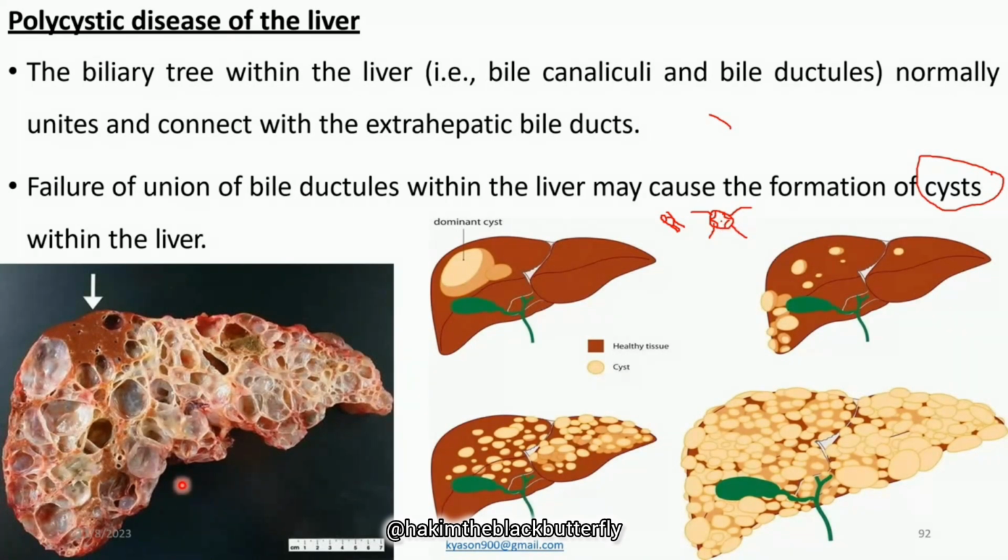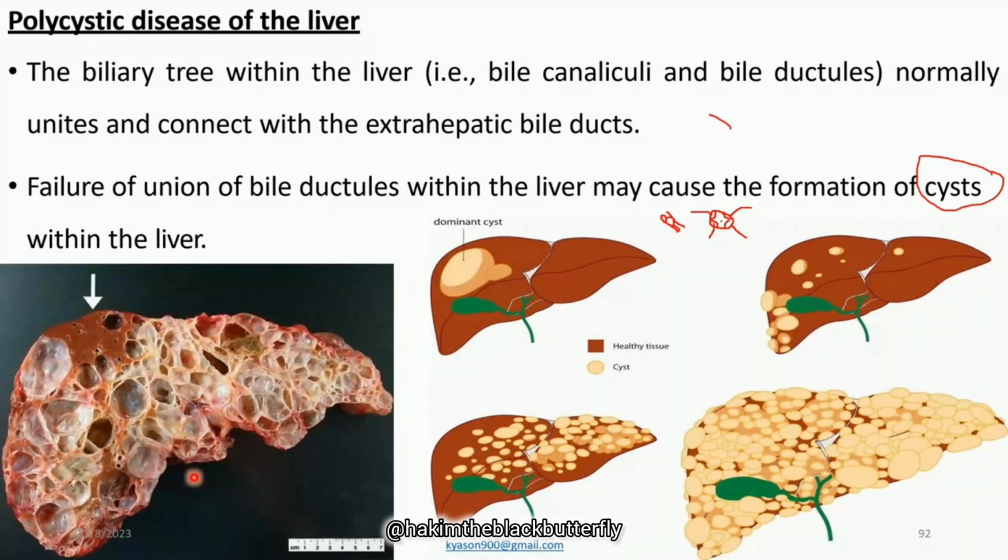With so many cysts, of course, the liver is going to enlarge. This young one is going to present with a distended abdomen because of the cysts within the liver. There will be some bit of abdominal pain, but of course, because of the failure of drainage of bile from the liver, some of that bile can leak into the circulation, resulting into jaundice, as we explained.